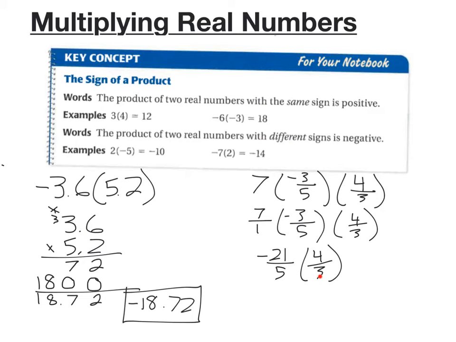I know 3 goes into negative 21. So I can divide 21 by 3 and get 7. I can divide 3 by 3 and get 1. So now I have negative 7 times 4. That's going to give me negative 28. And I have 5 times 1, which gives me 5. And there I have my final answer.